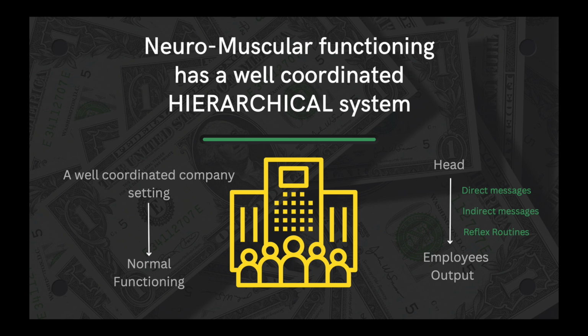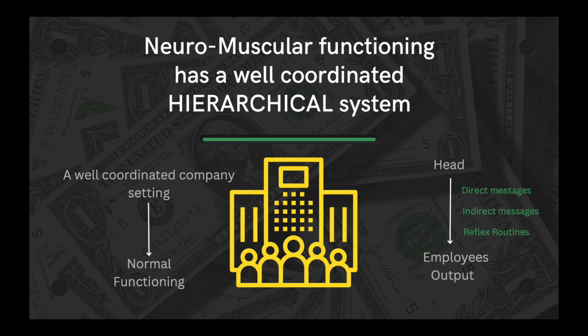The second way is the new way, through messages like WhatsApp these days. So the orders can also be communicated through indirect messages via internet or some app. The same thing happens in the autonomic nervous system with the help of ganglia, parasympathetic and sympathetic.